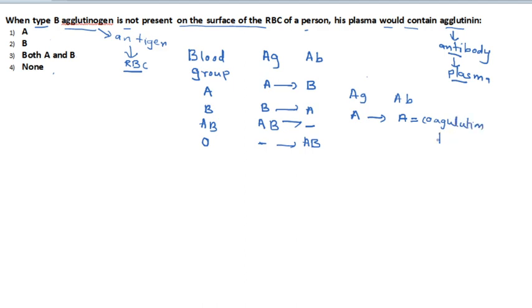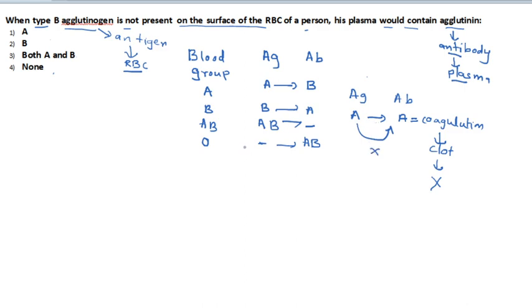Hence blood clots inside your blood vessels, which is not favorable because the flow of blood will stop and it will cause blockage in the arteries. So this is why the antigens and antibodies are never the same.